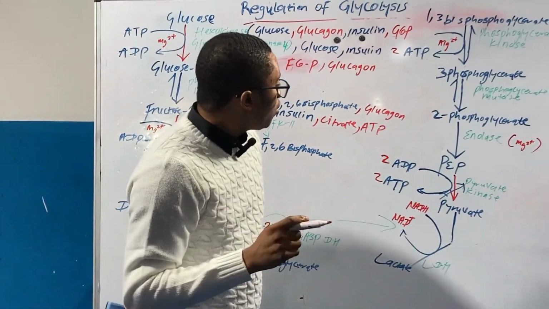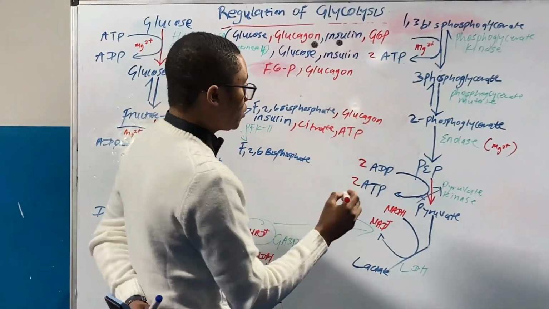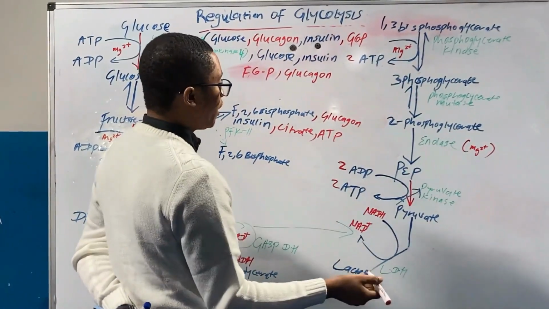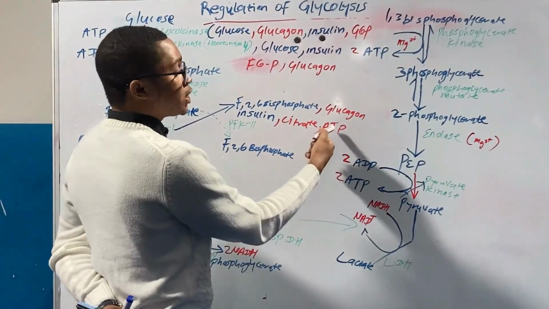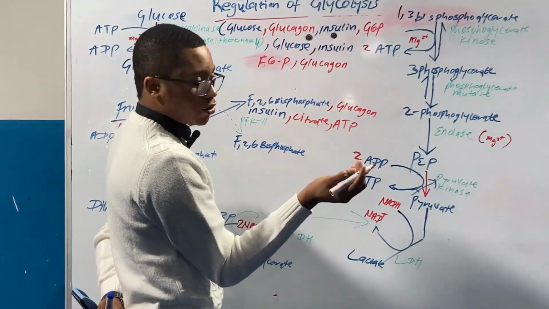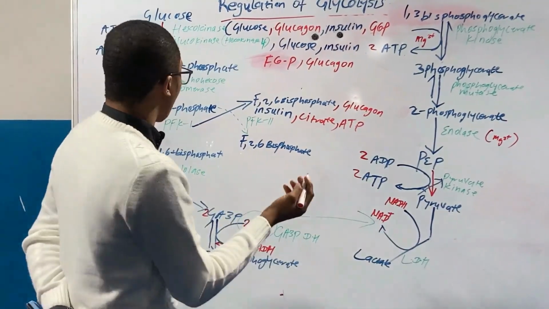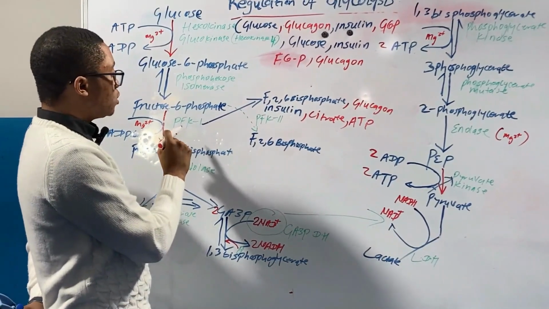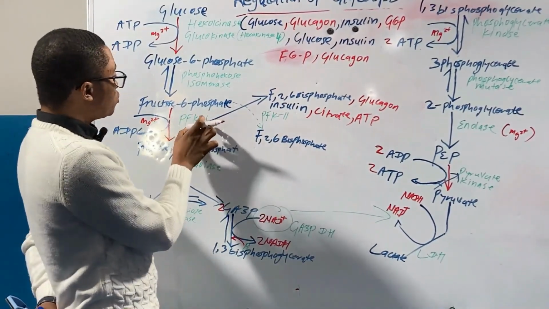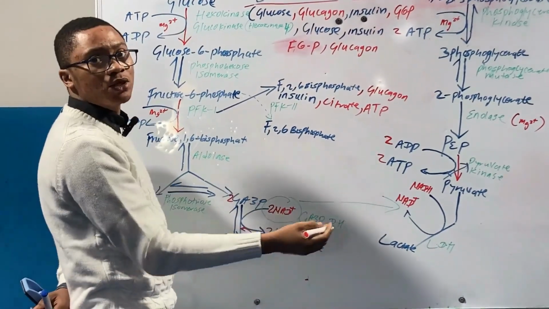Now, when the level of ATP drops, which means ATP is being broken down into ADP, remember, ATP can be broken down into ADP and AMP, there's a reduction in the amount of ATP. So AMP and ADP are being produced, and they come to this enzyme. They say the level of ATP in the human body has dropped, and we want you to carry on with glycolysis so that we have a lot of ATP again.